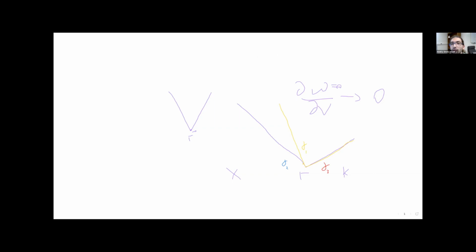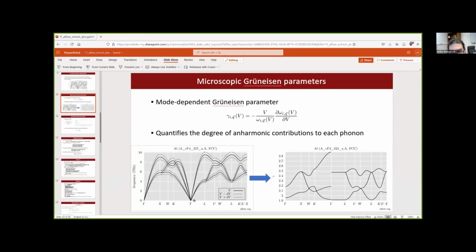So if I go back to the plot, as you can see, for gamma L you have a degeneracy, which you don't have for gamma K. And that actually corresponds to having 2 Grüneisen bands on the right and 3 Grüneisen bands on the left.